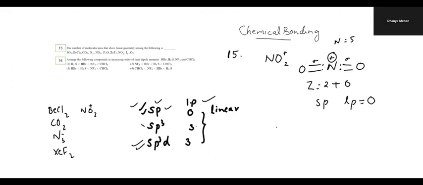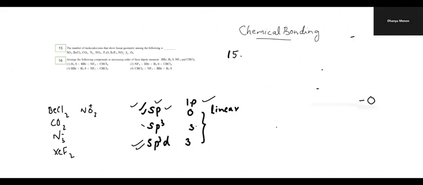Okay. Now coming to iodine, I3-. Iodine is from group 7, so it has 7 valence electrons. Out of the 7, iodine is forming 2 bonds. It will be a single bond because group 7.